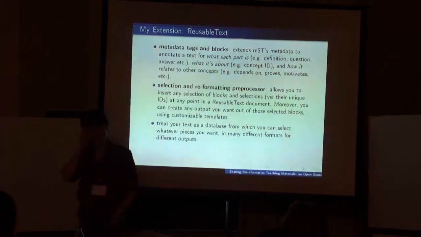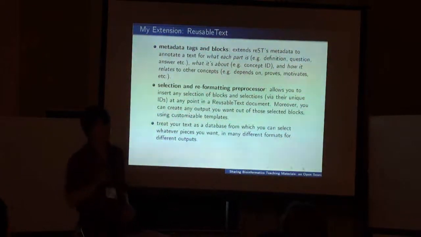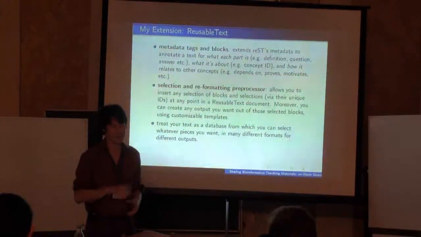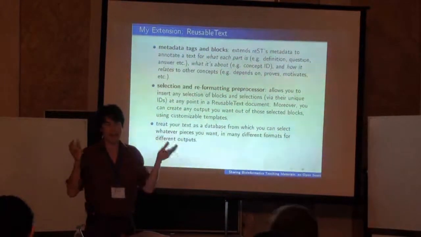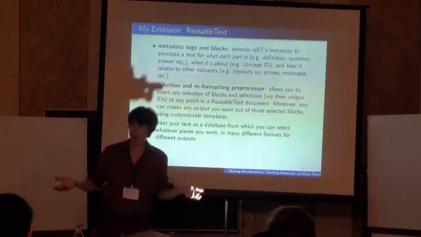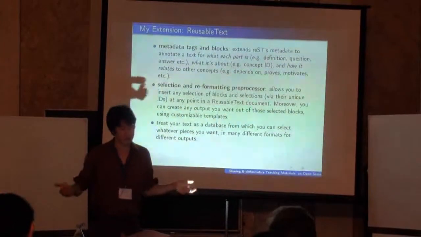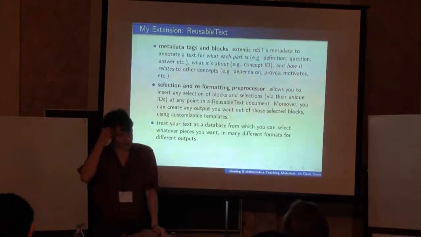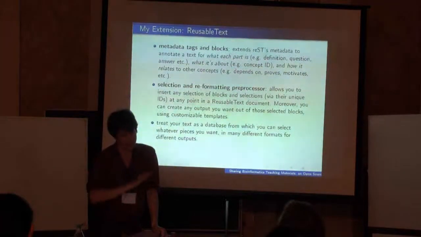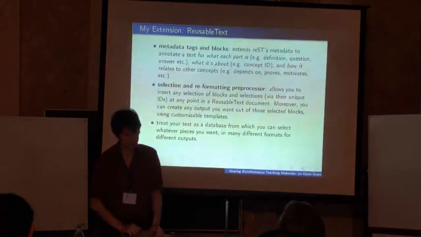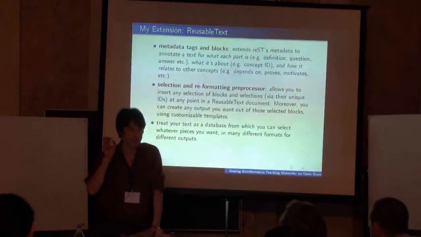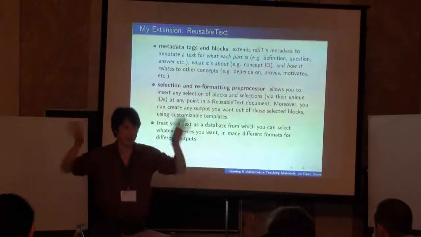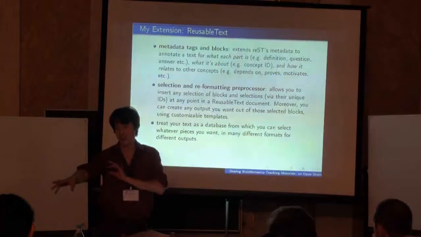I've extended this a bit to what I would call reusable text by using reStructuredText's metadata definition to be able to tag and block different pieces of the text, essentially annotating what the text actually is. Obviously, you could do this with XML or JSON or any other set of formats, but I find it very useful to stick with just no-boilerplate plain text, and then to use a preprocessor to automatically select which bits out of my essentially database of textbook materials I want to inject into a particular output.